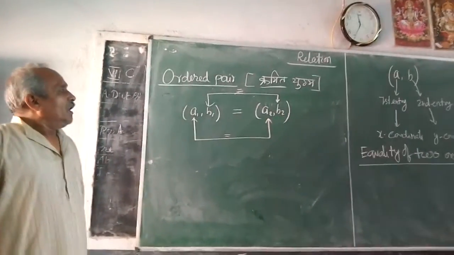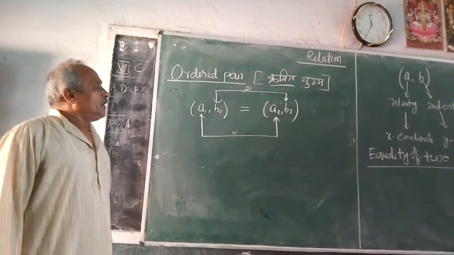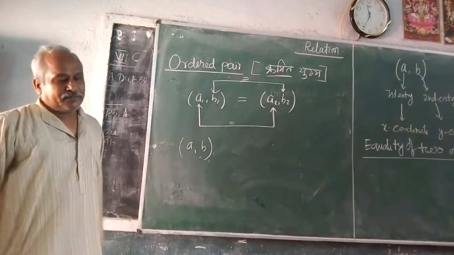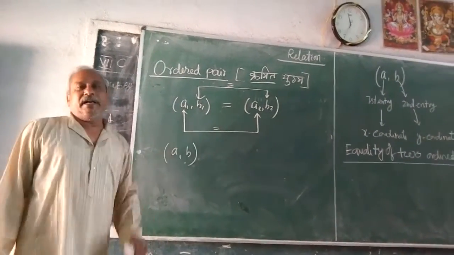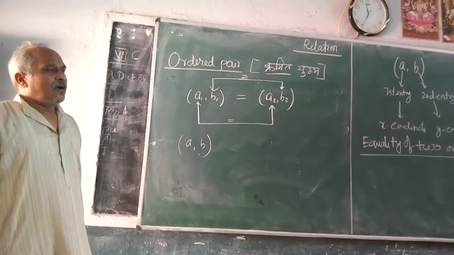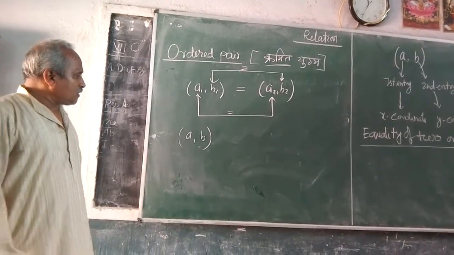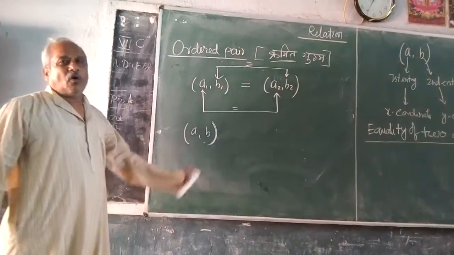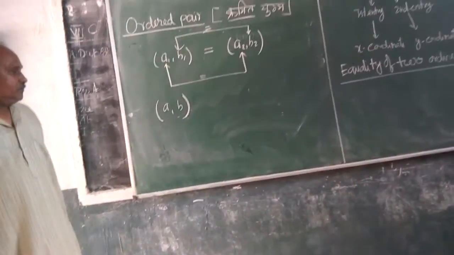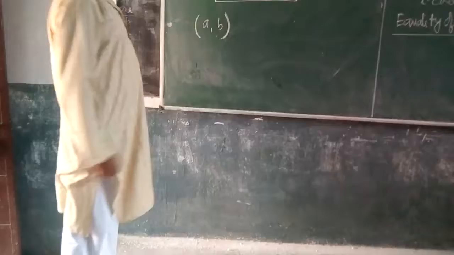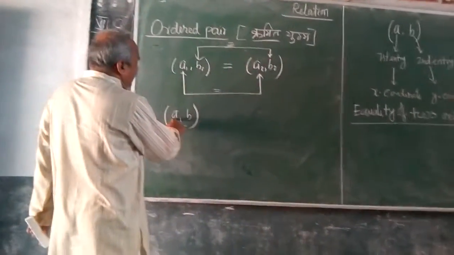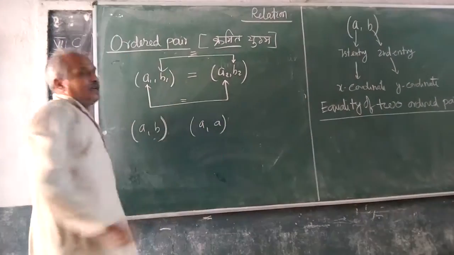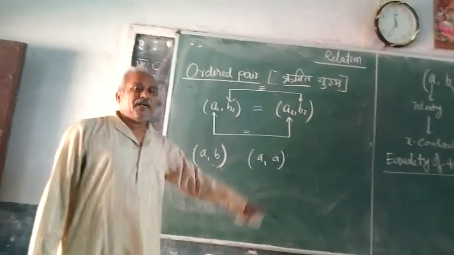One thing should be discussed here, that it is a collection of objects. It is not a set. And how is it not a set? First of all, the ordered pair is not written in the middle bracket. It is always written in the small bracket. Second thing, in a set there may not be two identical elements like (A, A). In a set, such repetition of elements is not allowed.